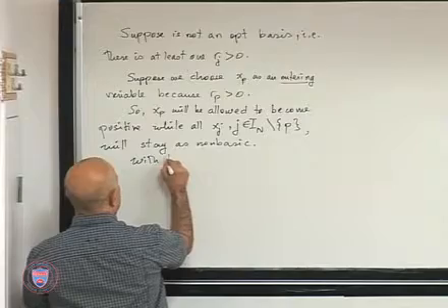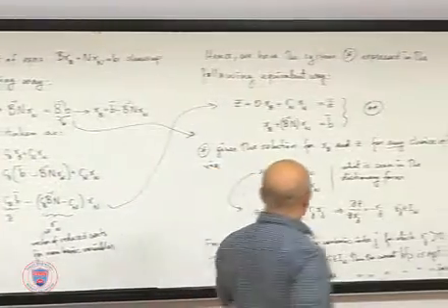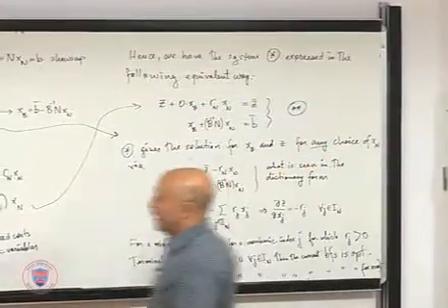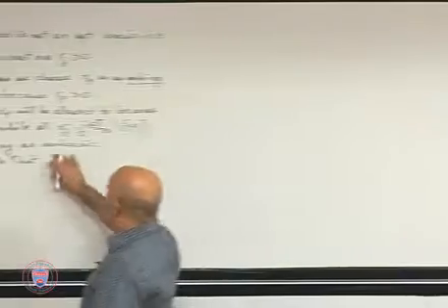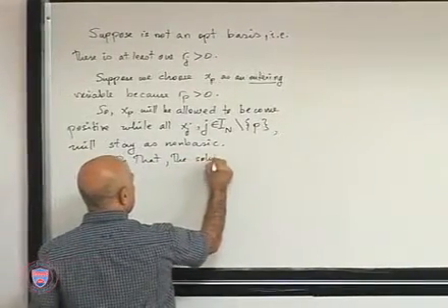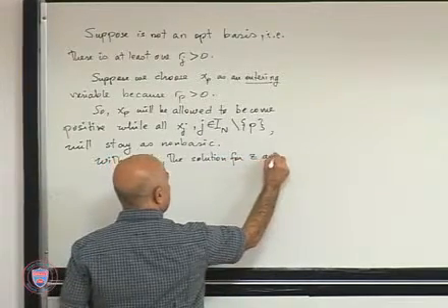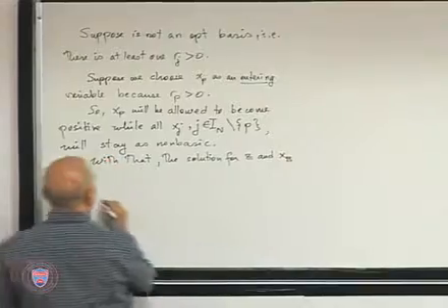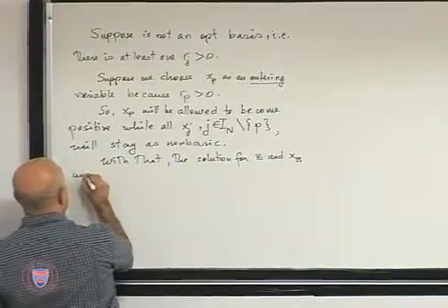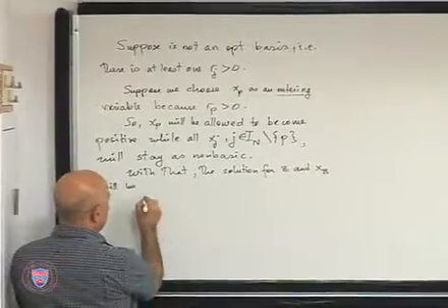With that, double star and this one, the solution for z and xp, as dependent on the entering variable, will be the following.